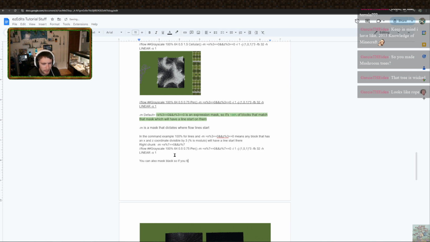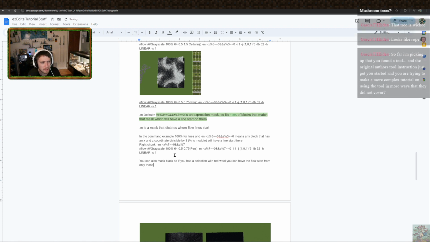So if you had a selection with, you know, red wool, sure, red wool, you can have the flow start from only those blocks. I guess I should put those, because then, yeah.